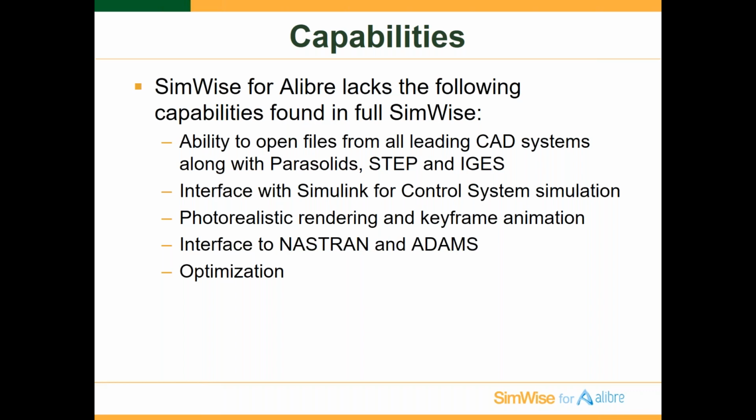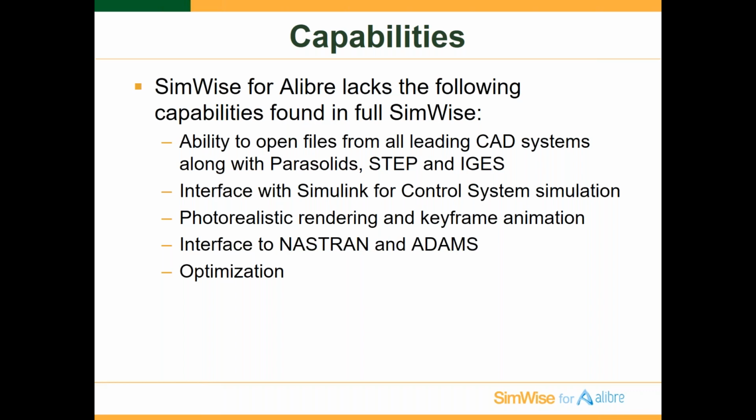Full SimWise has an interface with Simulink from the MathWorks for doing control system simulation. So with this capability, you could design a control system in Simulink, combine it together with your mechanical model in SimWise, and simulate the two things together. So the control system would basically control the motion model and the motion simulation.